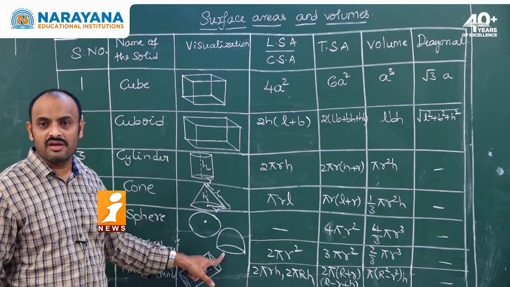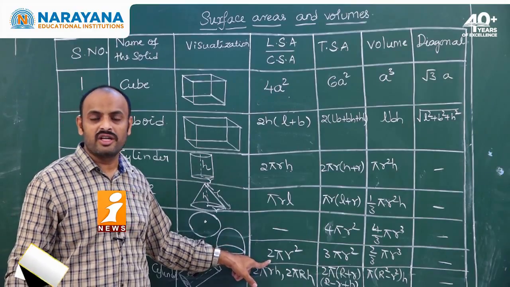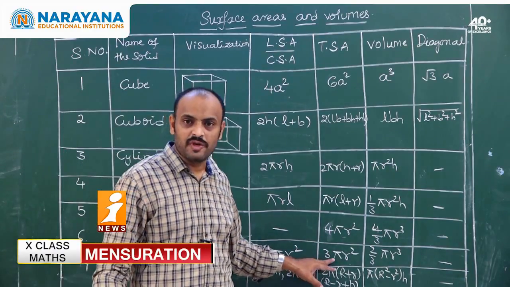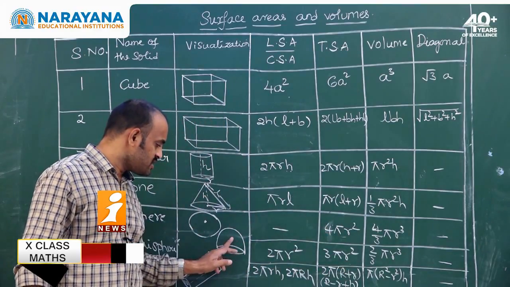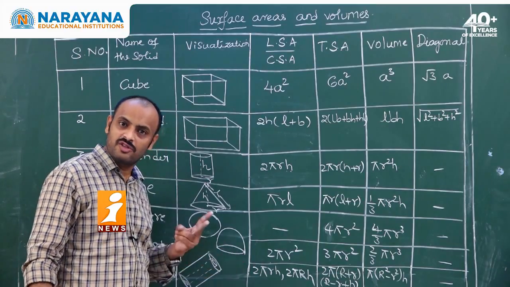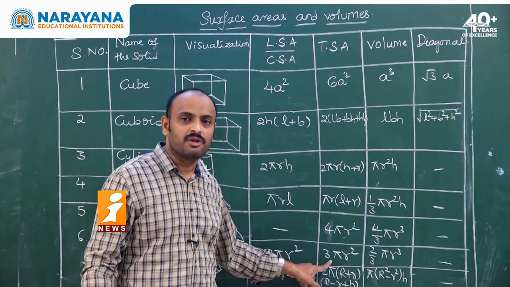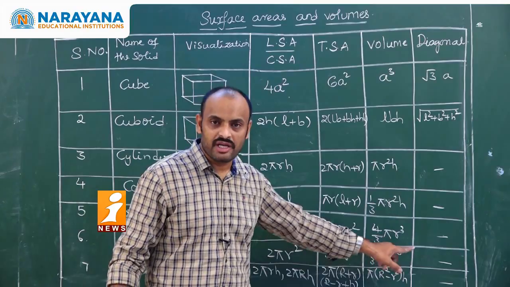The CSA of the hemisphere is 2 pi r square, where r is the radius of the sphere. The total surface area is 3 pi r square: one curved surface and one plane surface, so we add 2 surfaces to get 3 pi r square. Volume is 2 by 3 pi r cube.